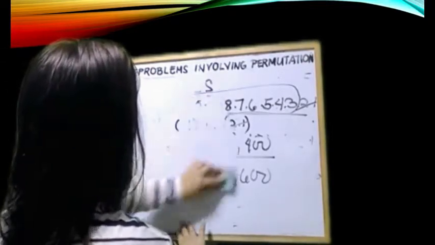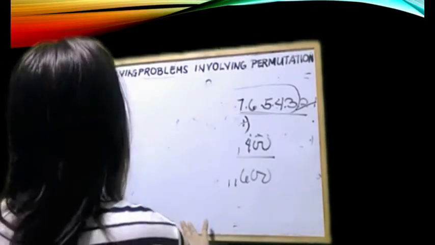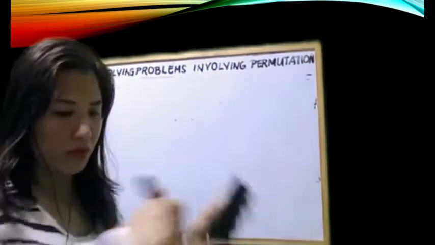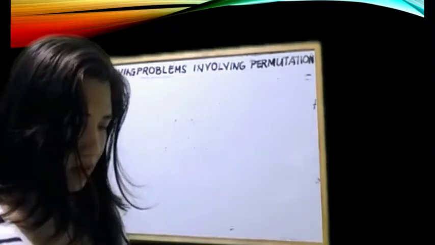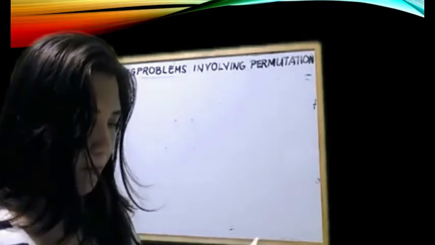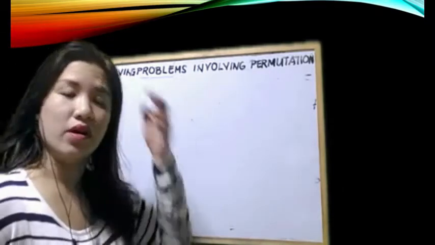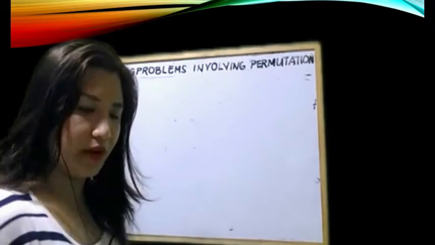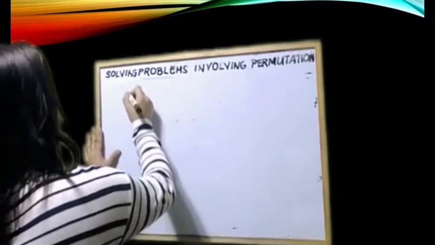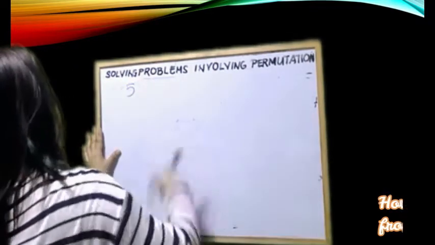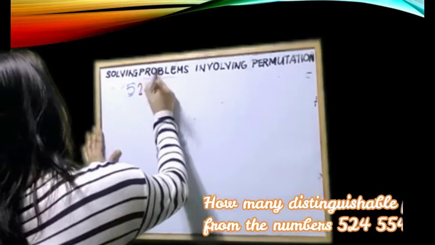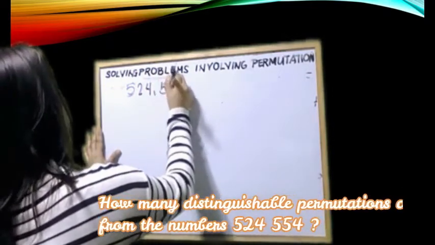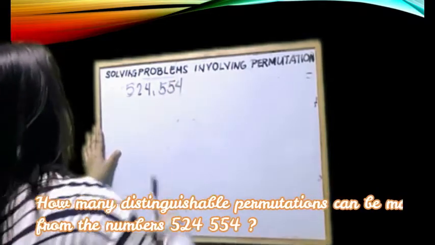Now let's have another example. This time it will be numbers. Number 5 in the questions at the back of your module, wherein you are asked how many distinguishable permutations can be made from the numbers 5, 2, 4, 5, 5, 4.